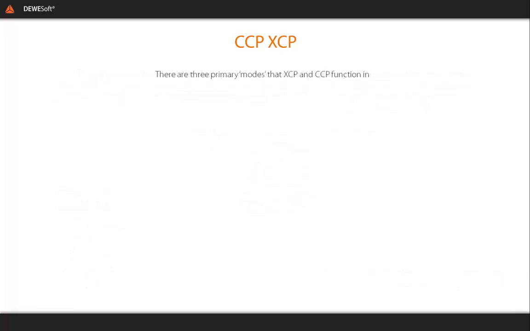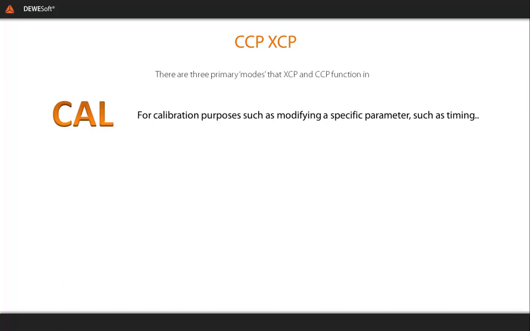Although there are probably many more, under normal use the chances are that you may access the network in one of 3 modes. These are CAL, which is the level that transmission developers, for example, may use, as it allows them an opportunity to tweak specific parameters one at a time.